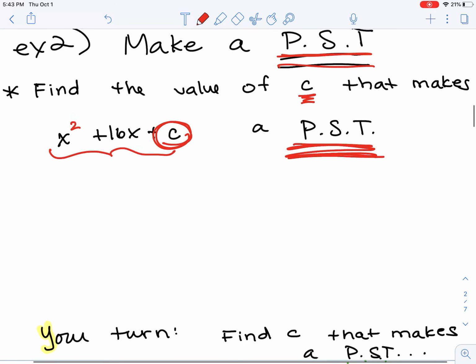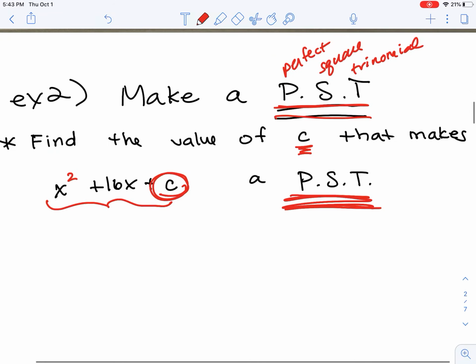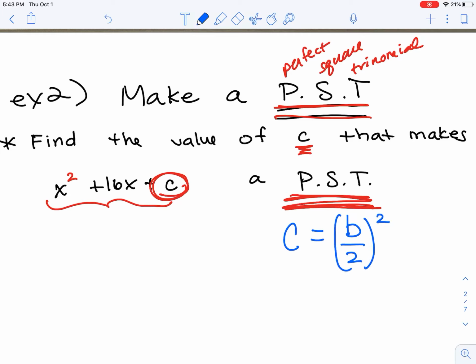Okay, so when we look at this, we know that the value of c is b over 2 squared. In this case, our a value is 1, and our b value is 16. We don't have a c value yet.